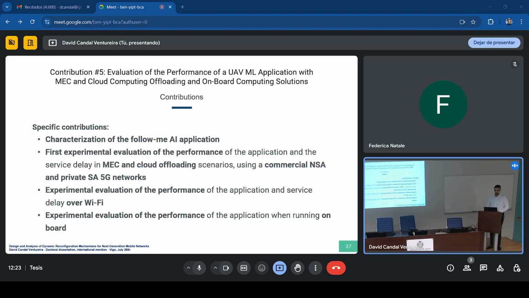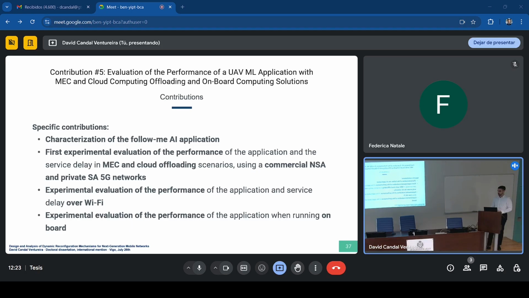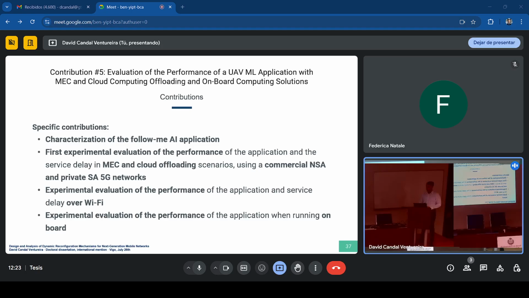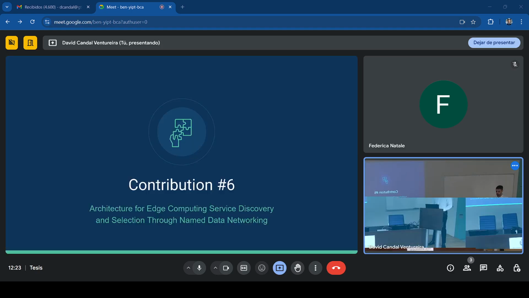Summing up, in this work, we implemented an artificial intelligence application to evaluate edge computing, cloud computing, and onboard computing in different scenarios, and assessed the performance of the service in terms of delay. We thoroughly analyzed the results and provided more detailed insights in the thesis.